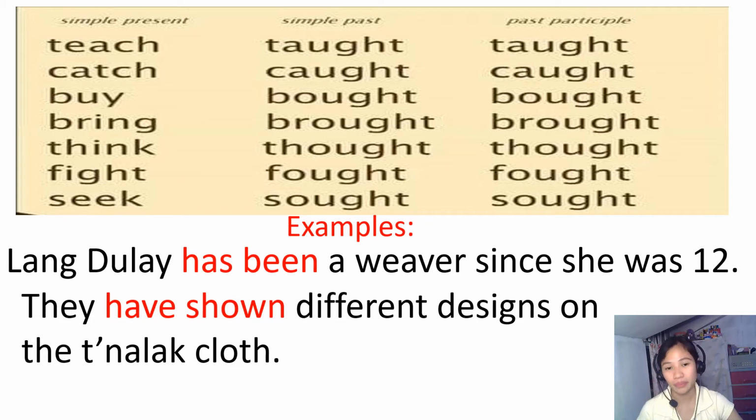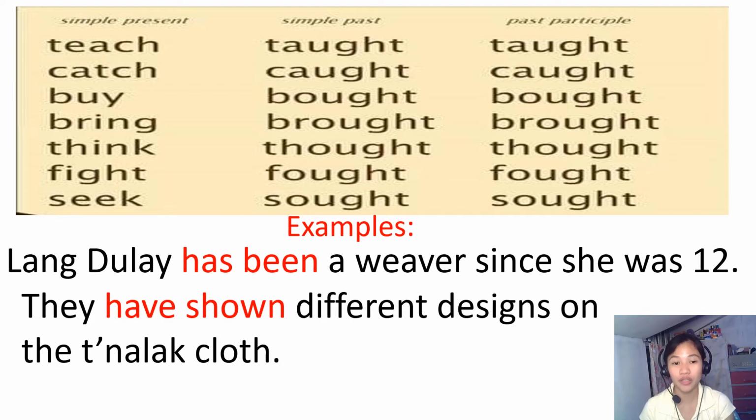Simple past: thought, caught, brought, taught, bought, sought. And its past participle. So again, we have three types of the verb. Sometimes for irregular verbs, we can change the spelling for the past tense or past participle.